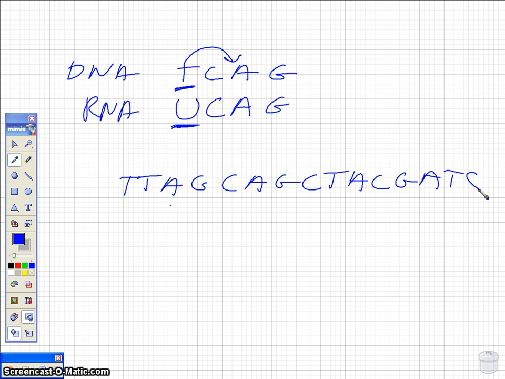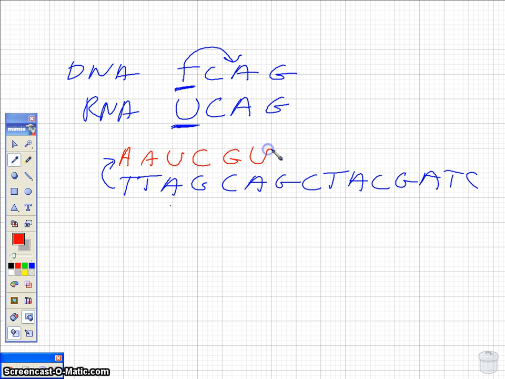To make this into an RNA, we remember that T's bond to A's, so we're going to draw our RNA strand up here, and we're going to say T bonds to A, T bonds to A, A bonds to U, because remember in RNA, there is no T. G bonds to C, C bonds to G, A to T, I already forgot the important rules. We better fix that.